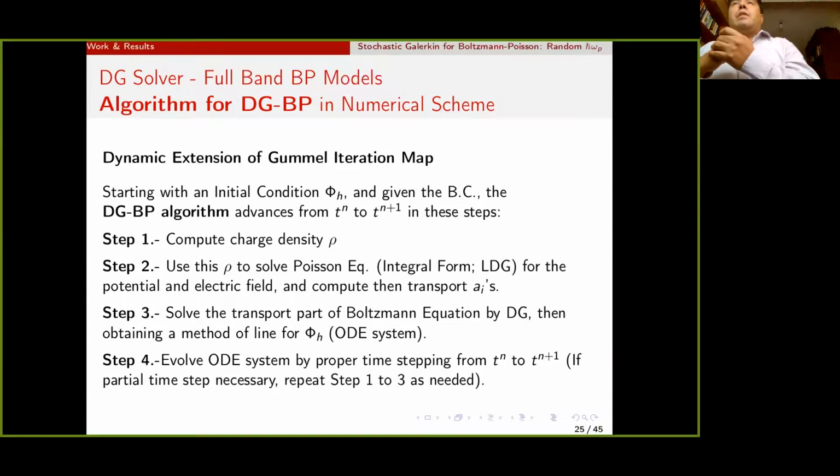Once you compute the electric field and therefore the transport, you apply the DG discretization, and then you obtain a method of lines. And then once you have the DG part of the problem, you apply time evolution via Runge-Kutta, an ODE solver, to propagate to the next time step. So this is why these types of methods are called Runge-Kutta Discontinuous Galerkin. In particular, they have been applied in semiconductors and plasmas, and this is what we're going to use.